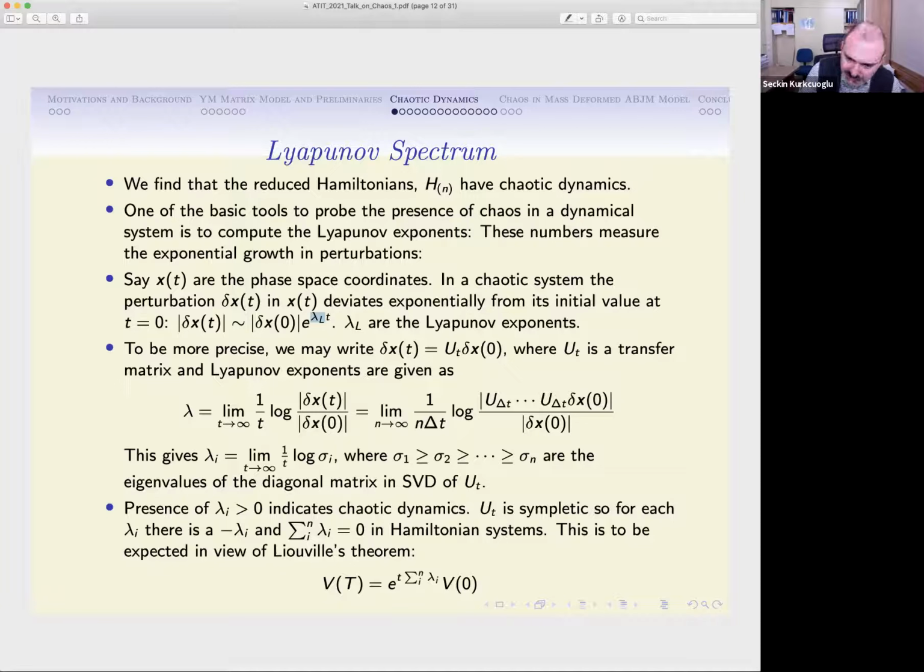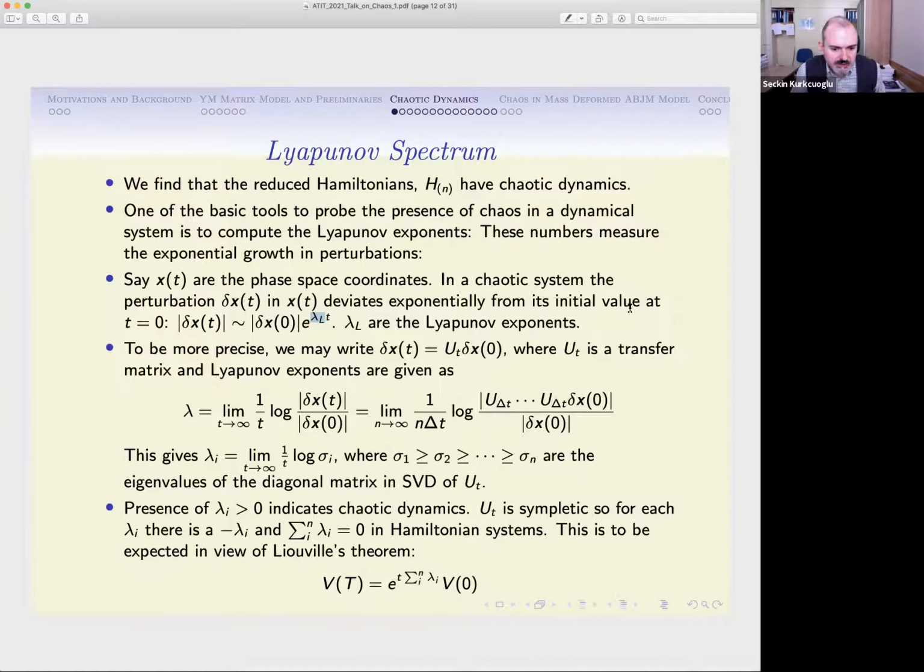But physics-wise, if you have a Hamiltonian system of, say, some number of phase space variables, which is an even number, then you will have an equal number of Lyapunov exponents. If you have a 10-dimensional phase space, you will have 10 Lyapunov exponents, 10 different numbers.